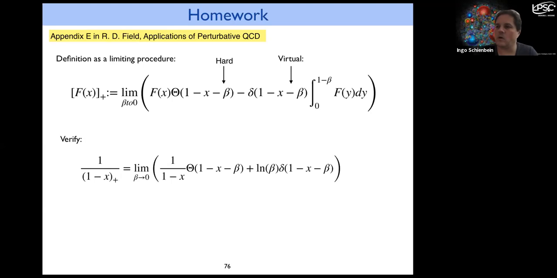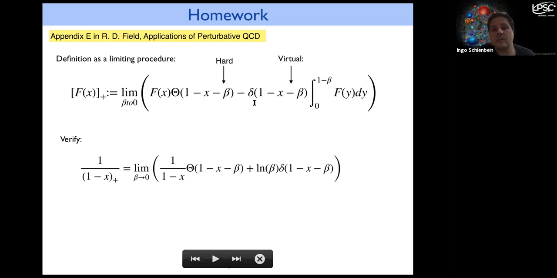But there's another form which is useful for the splitting function, and that is a definition which you can find in Appendix E in the book by Field, Applications of Perturbative QCD, where you find the plus distribution defined as a limiting procedure. That actually comes closer to what you calculate. So you calculate the real diagram with some cutoff on the energy of the gluon.